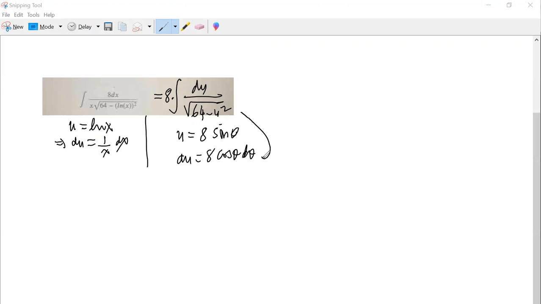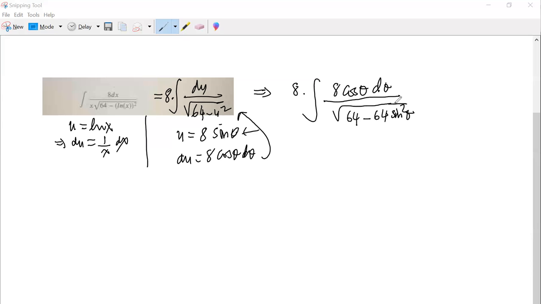So by substituting this here, this integral is going to change to 8 cosine theta d theta over the square root of 64 minus 64 sine squared theta. Then 8 times 8 will be 64 cosine theta d theta, and I can just factor 64 here. This will be 1 minus sine squared theta under the square root.